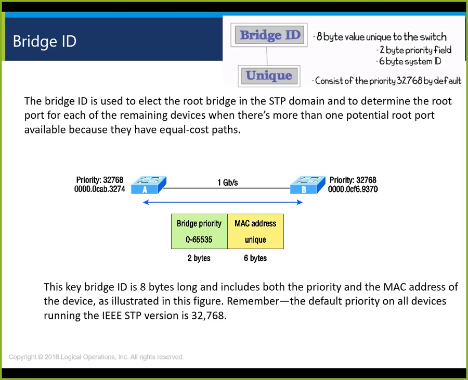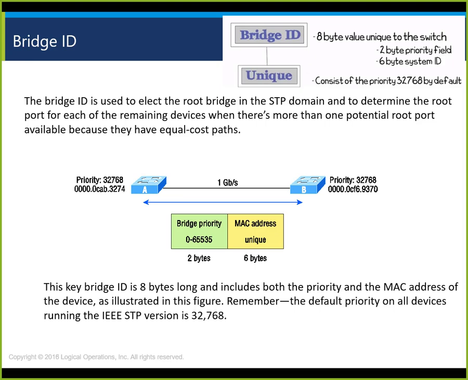So by default all of them have a priority of 32768, and they're all going to have different MAC addresses. So what we're going to wind up with, unless we do some configuration, is the switch that's probably going to be the oldest and the least capable, because it's going to be the one with the lowest MAC address.